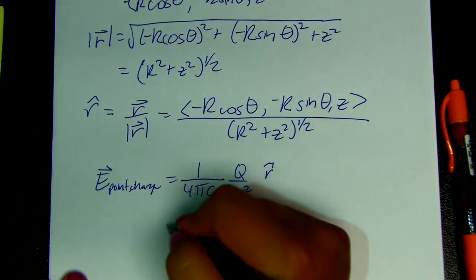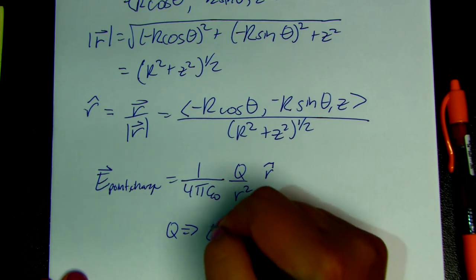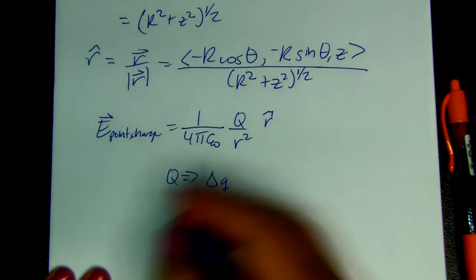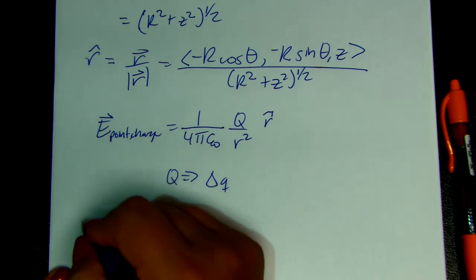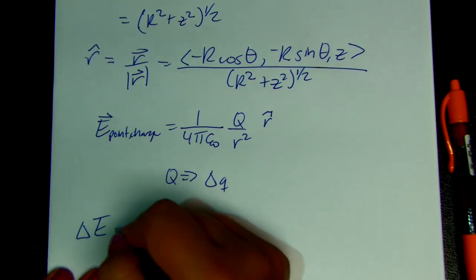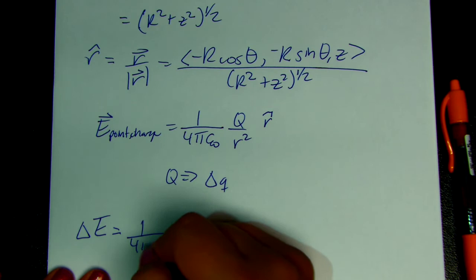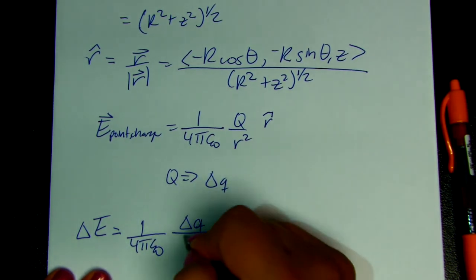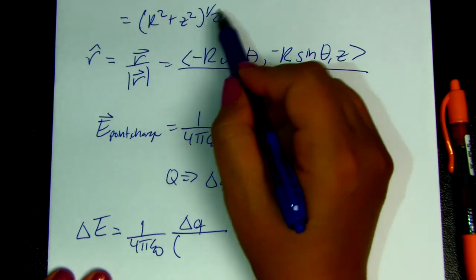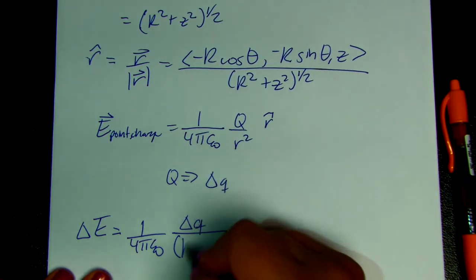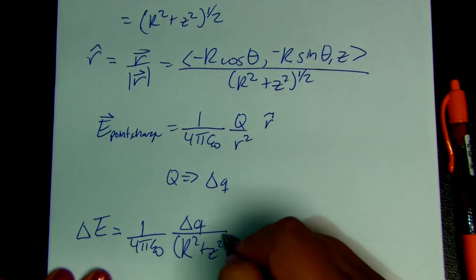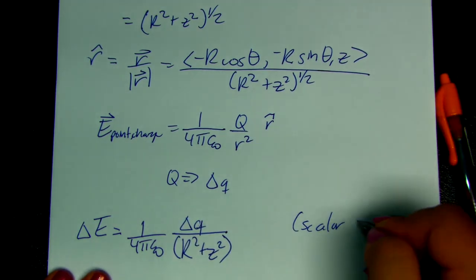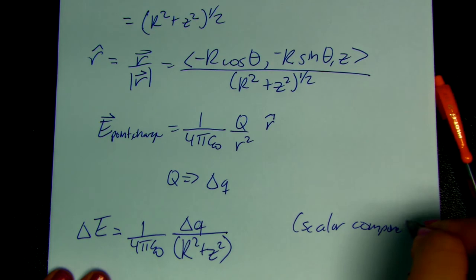In this case, q is going to be the delta q of each of the little charges. So then our electric field for one piece is equal to 1 over 4 pi epsilon naught delta q over, we'll plug in our expression for r into the bottom, r squared plus z squared. And again, we're just looking at the scalar component, because then of course we would multiply this by the vectors.